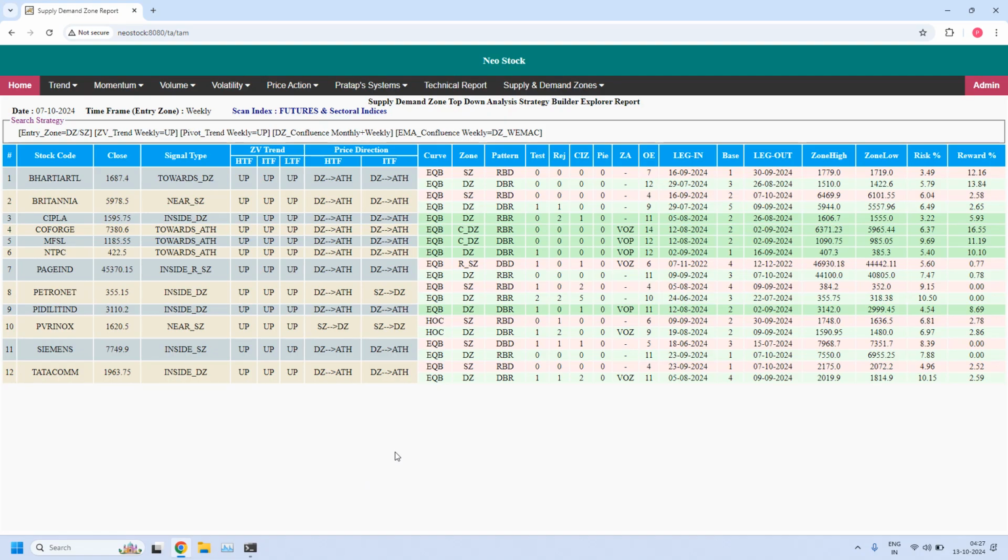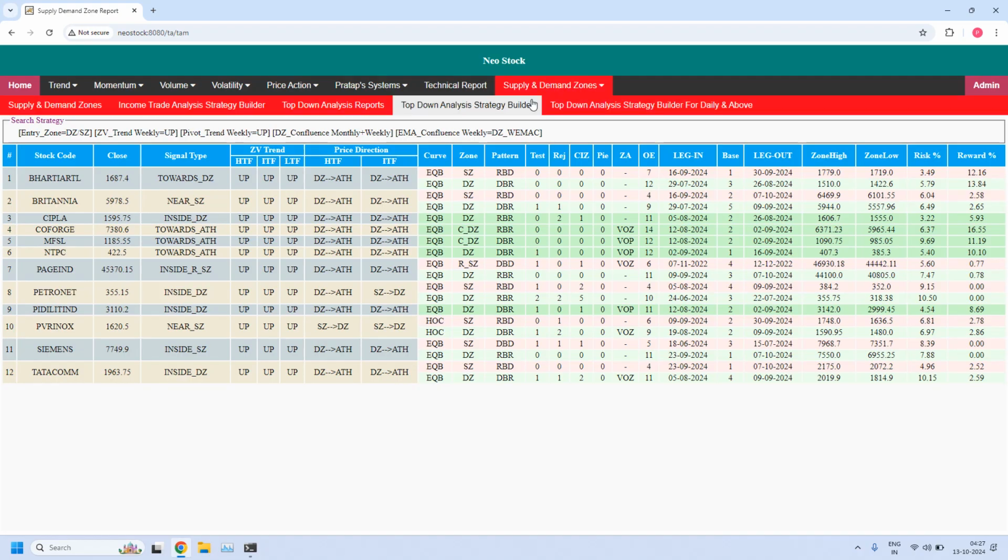Of course, stocks inside weekly demand zones have immediate trade opportunities compared to the others, because prices have to travel to the demand zone to get our trades. That's why it will take some time. But some are inside the demand zones. This Pidilite Industries might have been filtered earlier, because we already verified stocks closed inside the demand zone. Anyway, these stocks are the high probability setups.